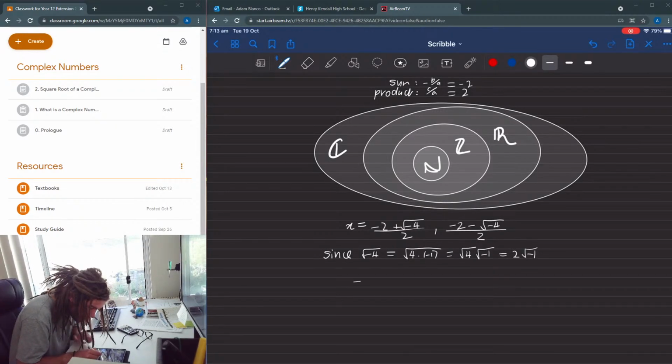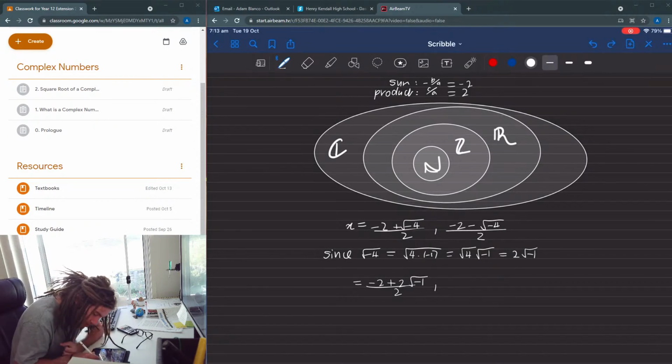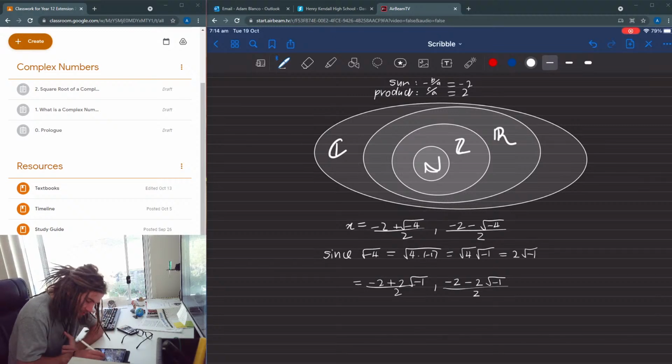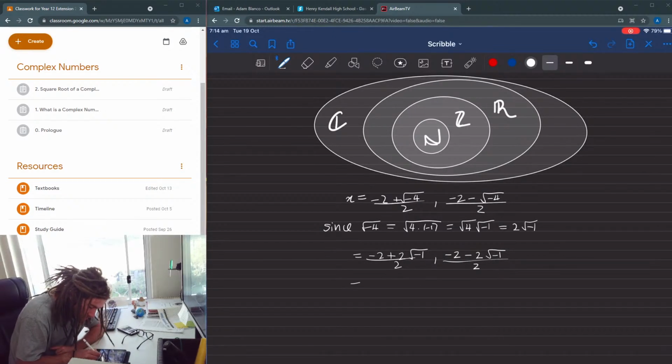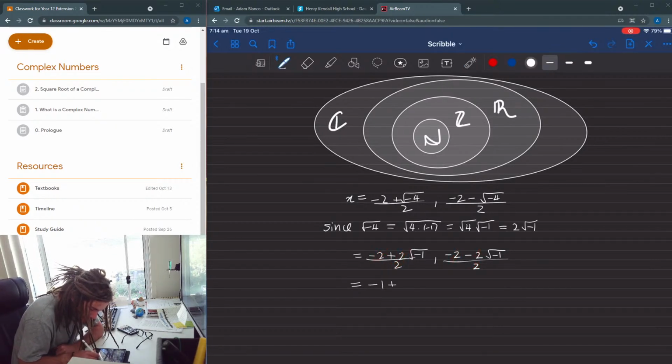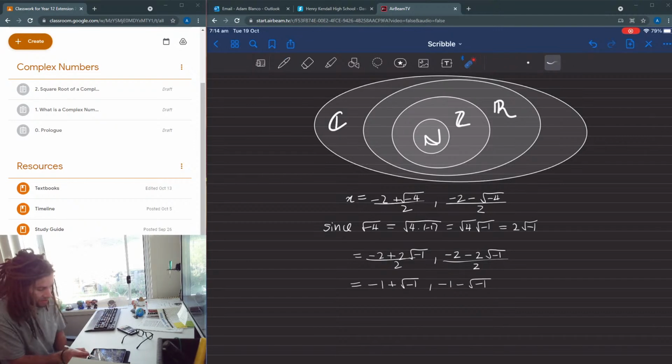And so then I've got -2 plus 2 root -1 on 2, and -2 minus 2 root -1 on 2. And then all these things are going to cancel. So what I'm left with is -1 plus root minus 1 and -1 minus root minus 1. And it's like, why have I even done this? But now I have two nicer looking roots.